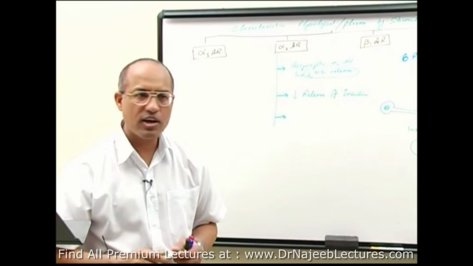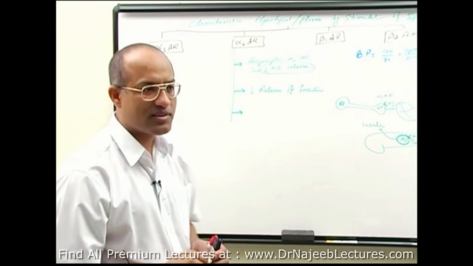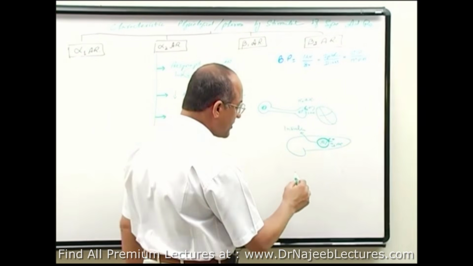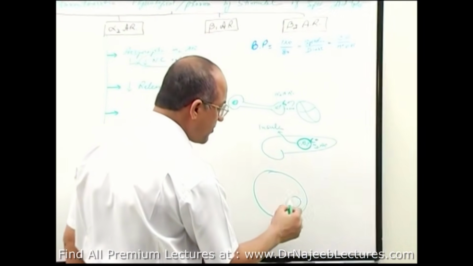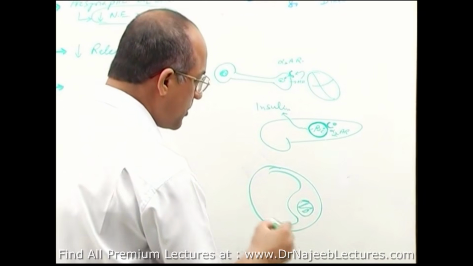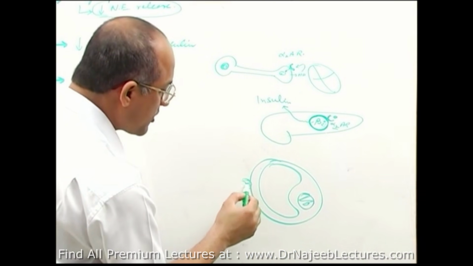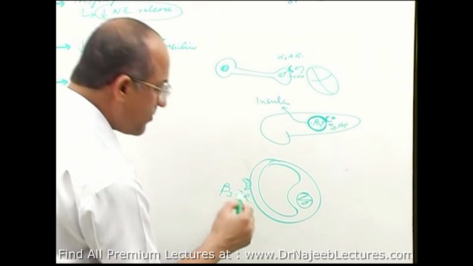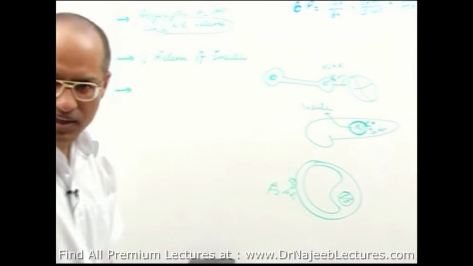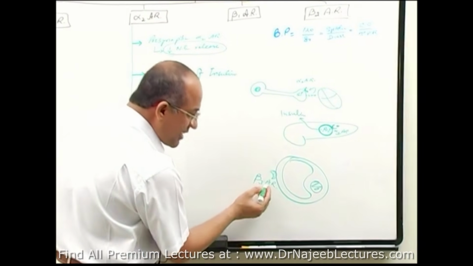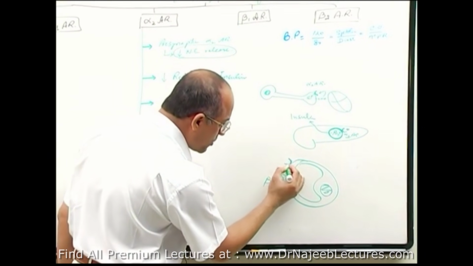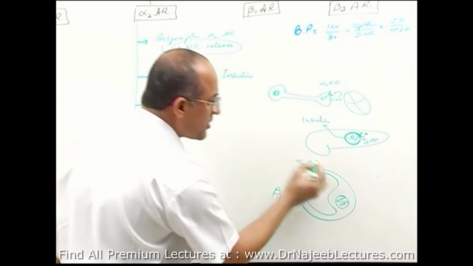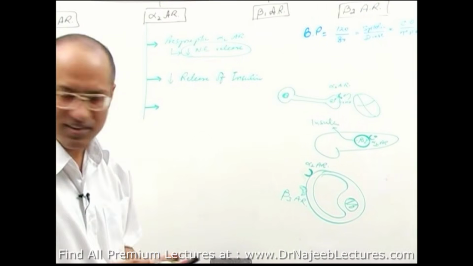Then any other function of alpha 2 receptors? You know, on the lipocyte, adipocytes, this is adipocyte, and adipocytes, you may be remembering they have beta 3 receptors, beta 3 adrenergic receptors which are modified beta 1 receptors, right? But actually only very good students know that lipocytes also have alpha 2 adrenergic receptors, right?